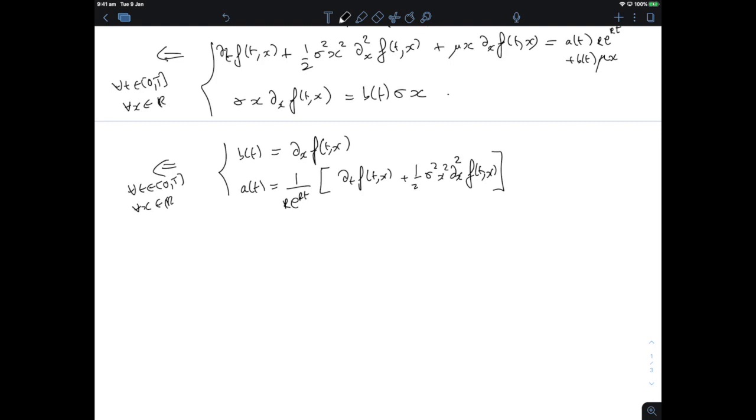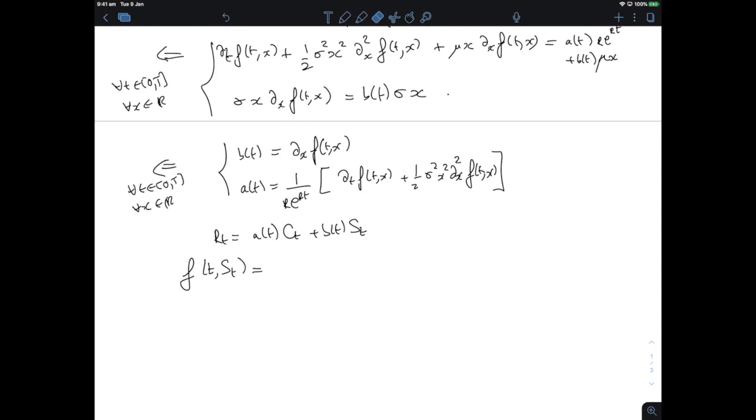Well, let's remember that our replicating portfolio, R_t, had to be of the form A_t C_t plus B_t S_t. Now we also wanted R_t to be a function of t and S_t, and it had to be equal to A_t times e^{rt} plus B_t times S_t, and I know now what A_t and B_t have to be.